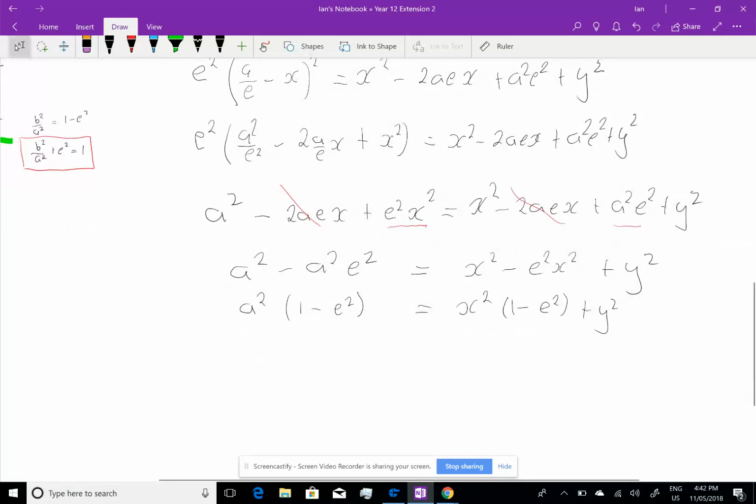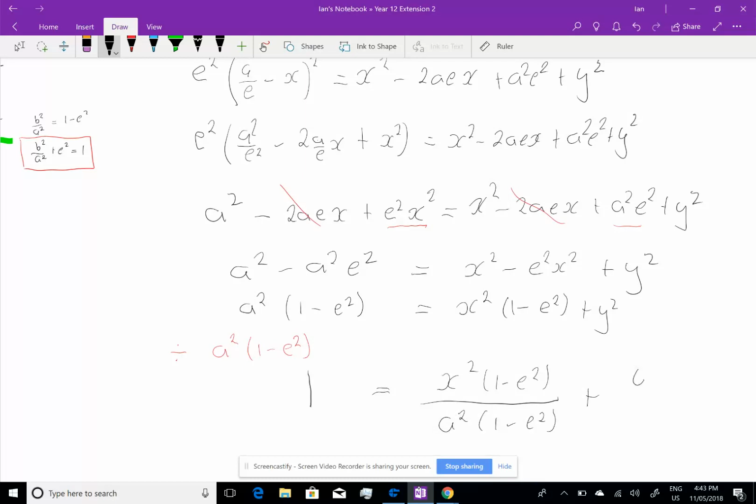Now here's the trick. I'm going to divide everything by a squared 1 minus e squared. Now on the left-hand side, I'm going to get 1. But over here, I'm going to get x squared 1 minus e squared all over a squared 1 minus e squared.